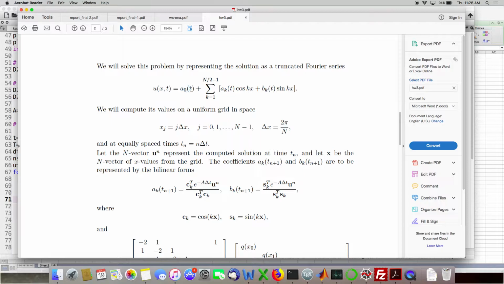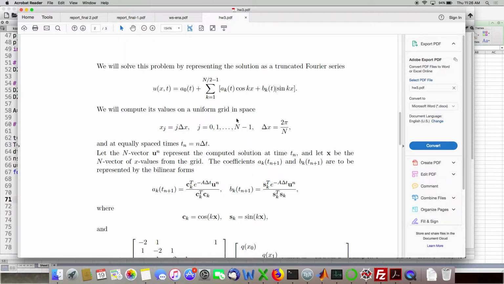Even here, cosine of 0, which is 1, is included in this linear combination of sines and cosines. In my code, capital N is the number of grid points. Because we're representing the solution in this form, our unknowns become the a_k's and the b_k's, these coefficients. So if we just figure out how to compute those, then we're ready to go.